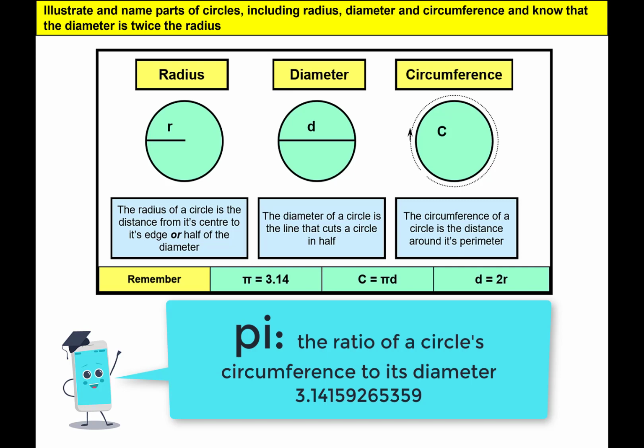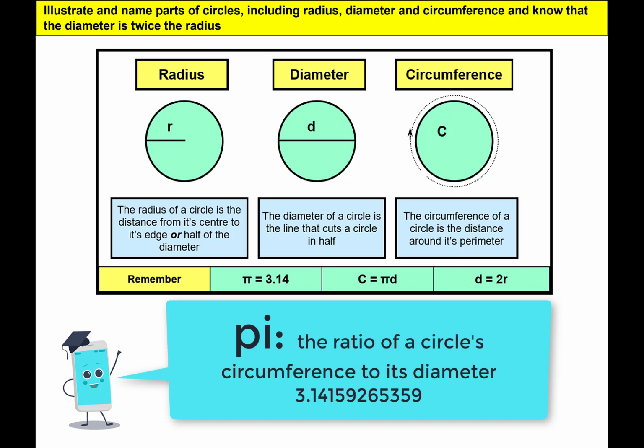You may or may not have completed the algebra section yet, but in algebra, when we put 2 values next to each other, we don't need to put the multiplication symbol in between them. We assume if there's 2 values next to each other, it means those 2 values need to be multiplied. So to find the circumference, you multiply pi, which is 3.14, by the diameter.